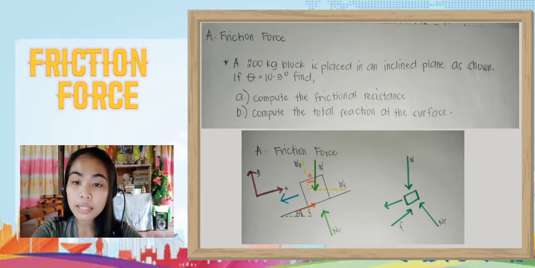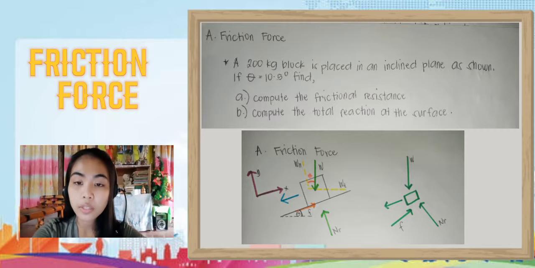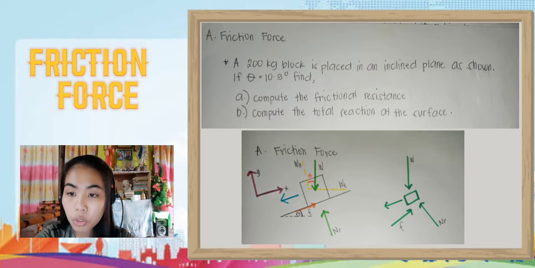Yung inanalyze natin, ilalagay natin yung box in an inclined plane. The tendency of the motion is where the bottom part is located. So, the frictional force is opposing the tendency of motion.